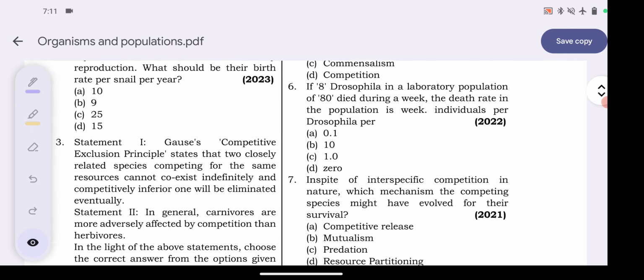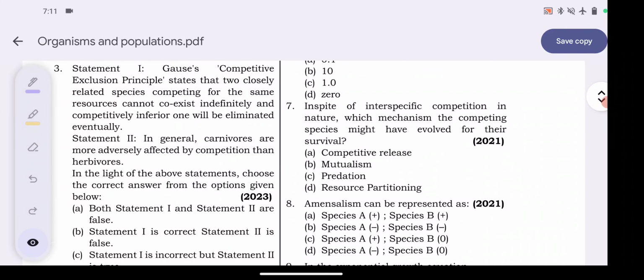Question number third. Statements are given. Statement 1: Gause's competitive exclusion principle states that two closely related species competing for the same resources cannot coexist indefinitely, and the competitively inferior one will be eliminated eventually. This is correct.